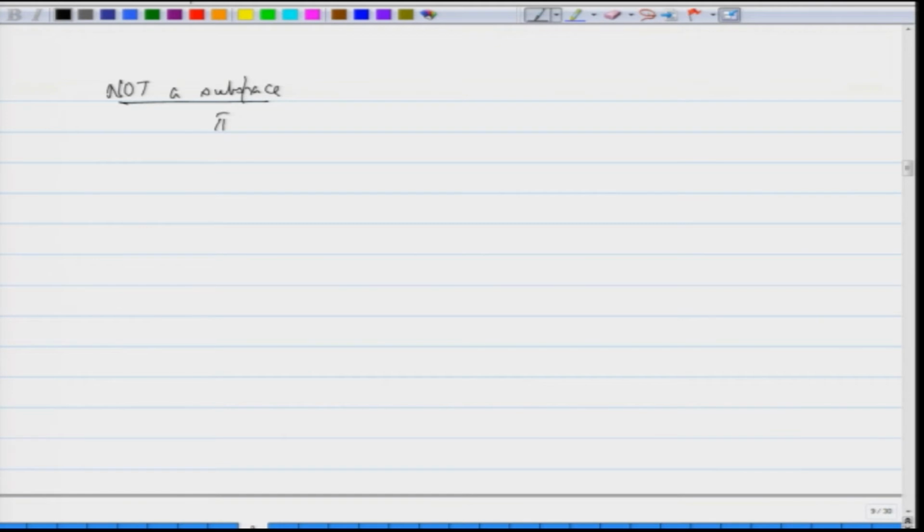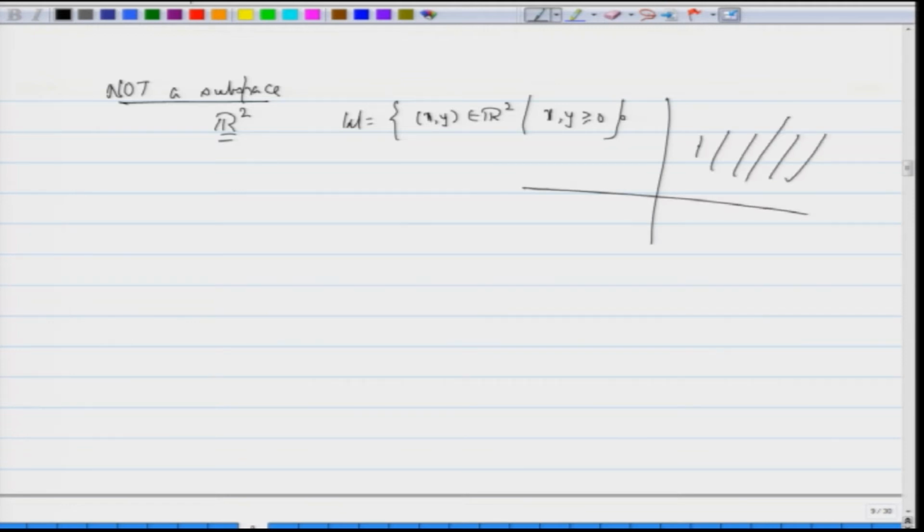So, in R2, let us look at some examples. So, define W as all (x, y) belonging to R2 such that x and y are greater than or equal to 0. Fine. So, I am looking at the set which is this. This is the set that I am looking at.